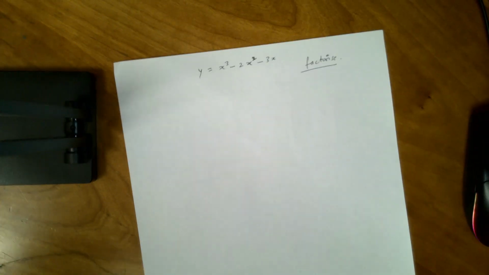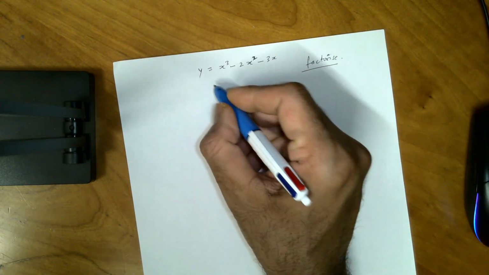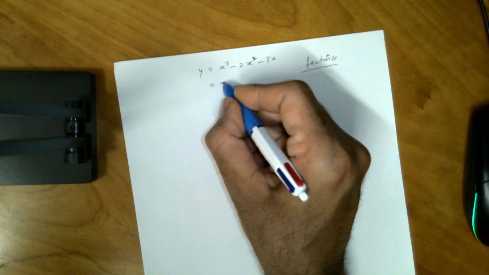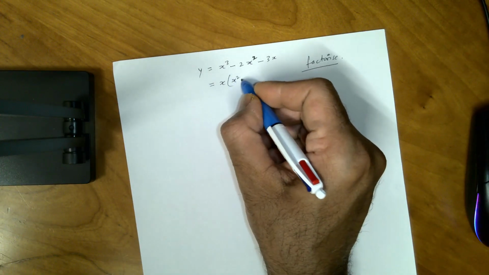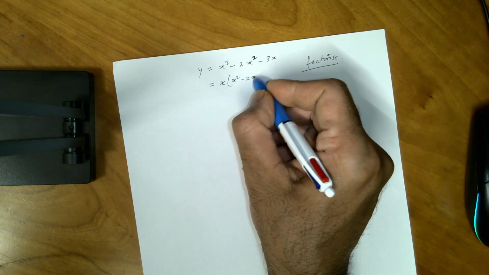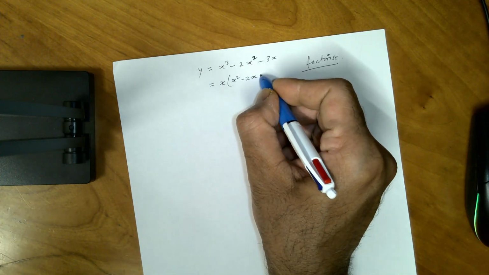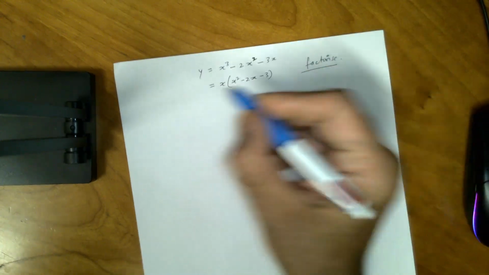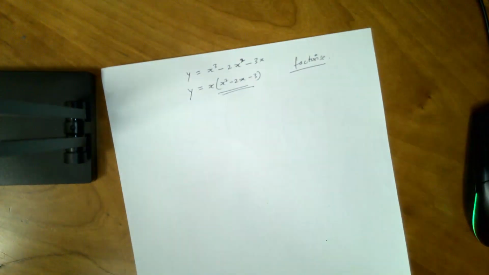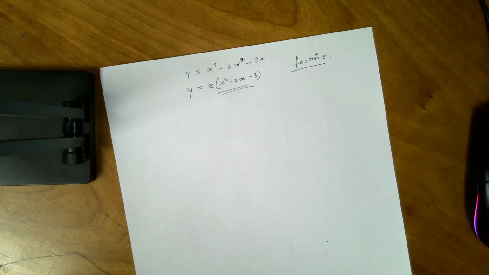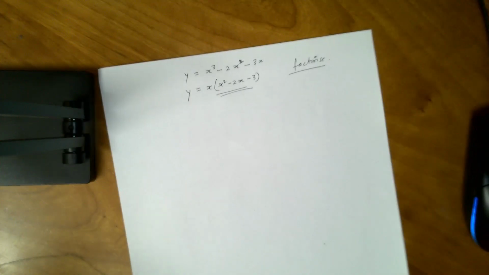Right, for that, if I take x out, that will give us x squared minus 2x minus 3. Then we can factorize this, right? If you want, I can do it here, just quickly for you.